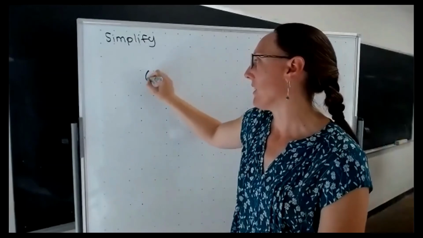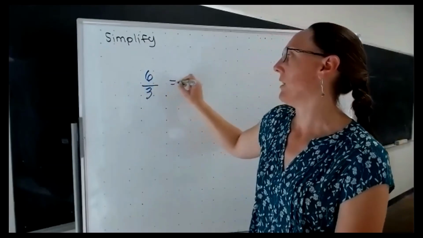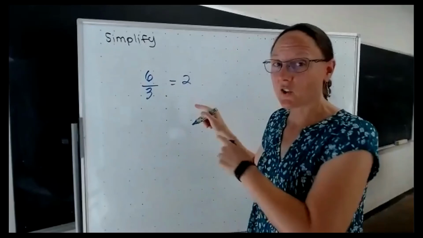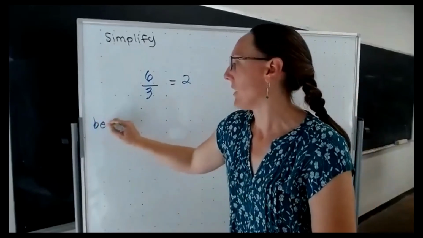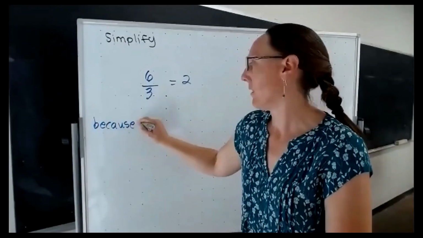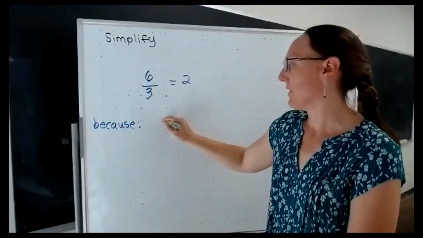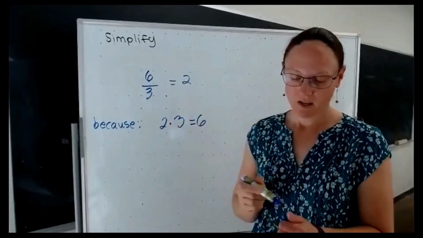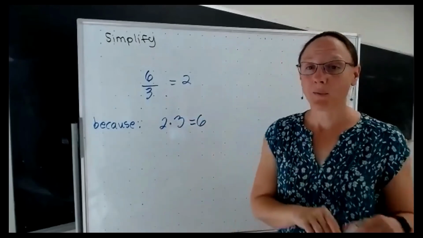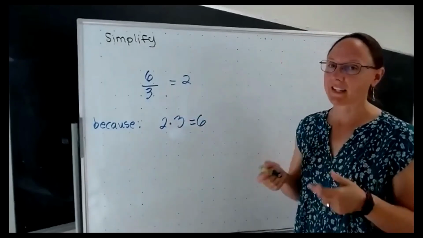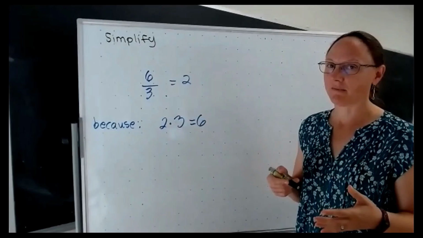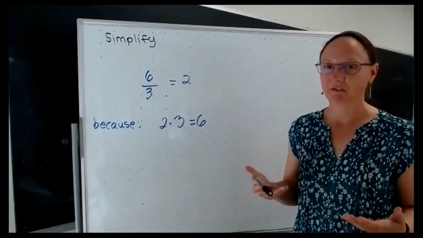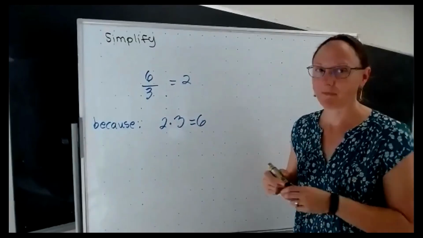If I said that 6 divided by 3 is equal to 2, the reason that this is true, the because part of that, is that 2 times 3 is equal to 6. So the problem with dividing by 0 isn't that there's no answer. The problem is actually that there are an infinite number of correct answers.